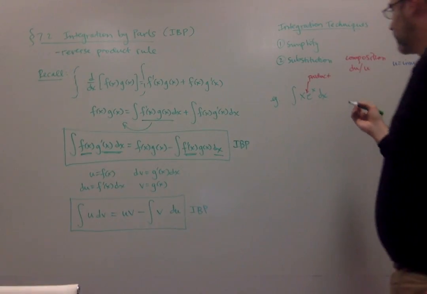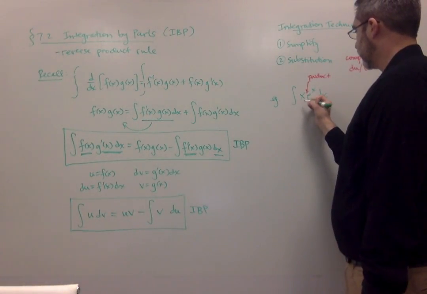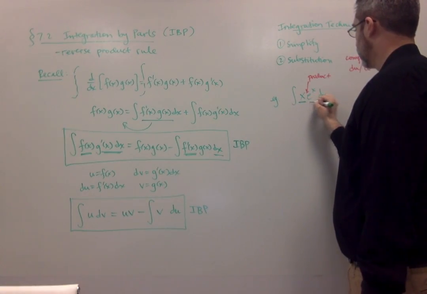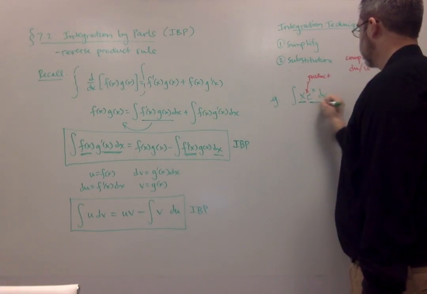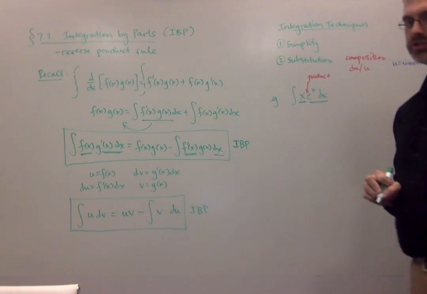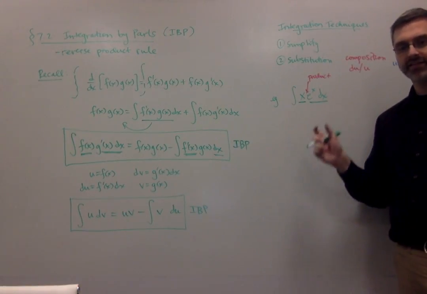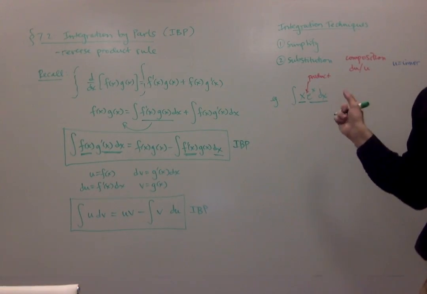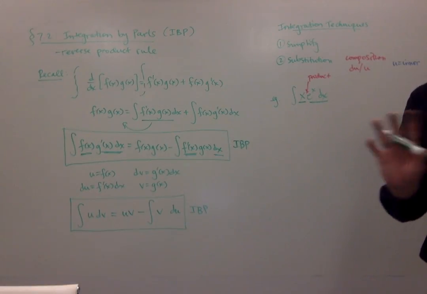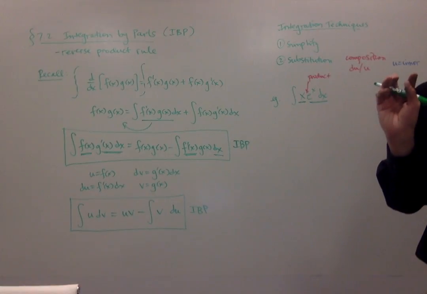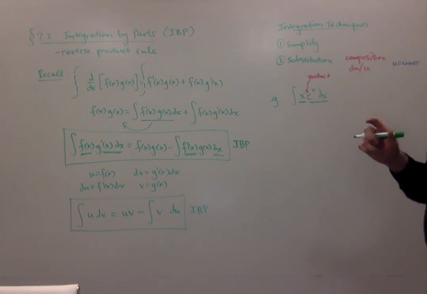Okay. Now what I'm going to do is I'm going to think of this as my u function and this as my dv function. Now you might wonder, how did I come up with x being the u function and the other one being the dv function? I'm not going to explain that right now. I want to get to that later. You'll see why I choose what I choose.